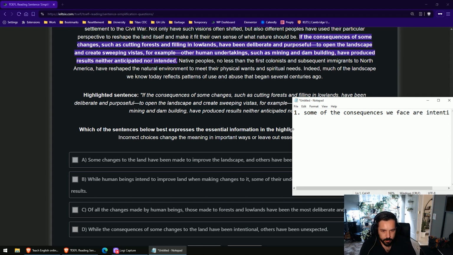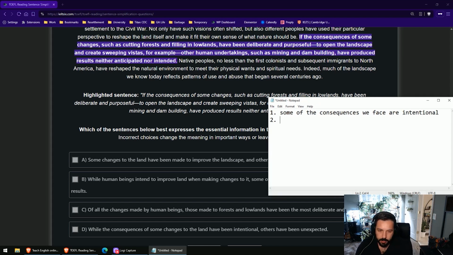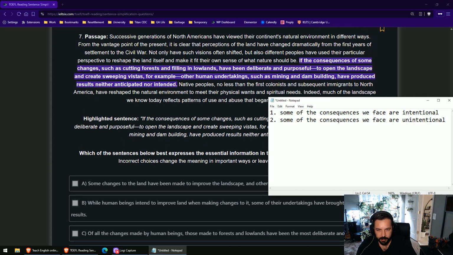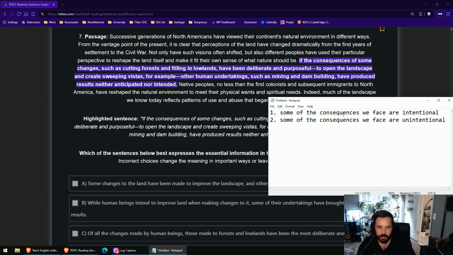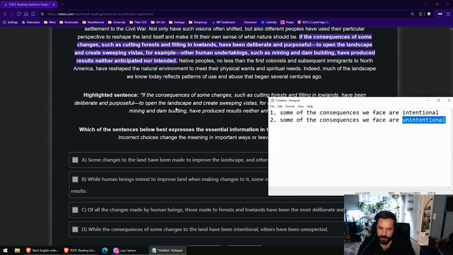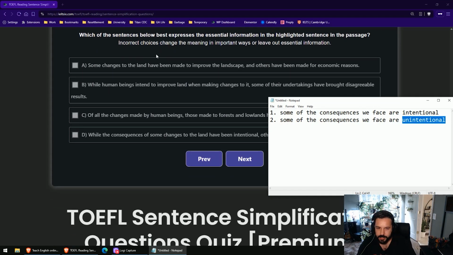And two, some of the consequences we face are unintentional. I think that makes it simple enough. Again, even if you don't understand exactly what is happening, just by doing this, you are going to be able to get to the right option. Now then, we have examples of the consequences, we have examples of the actions that are intentional, and examples that are unintentional. So now let's come back to the options.